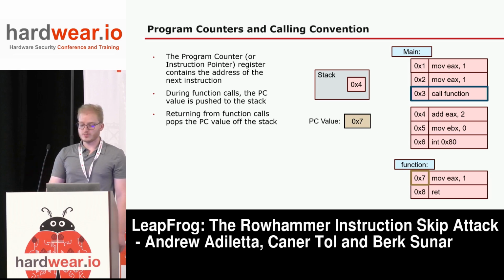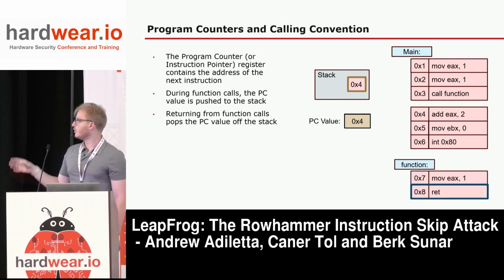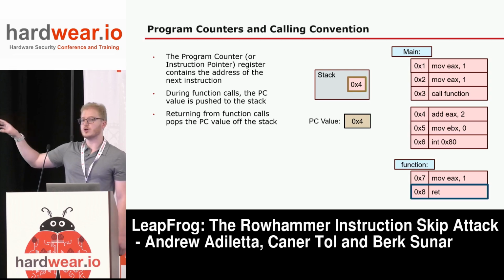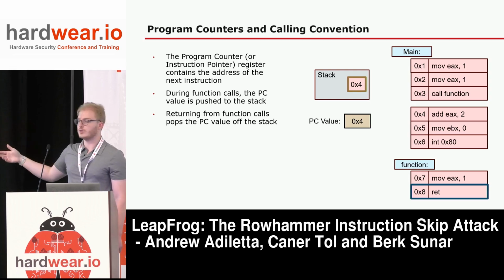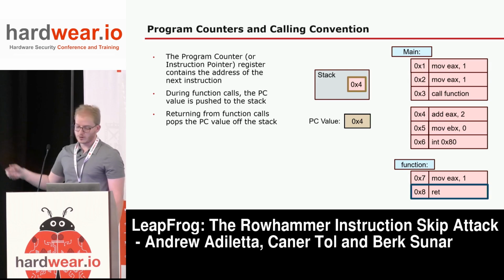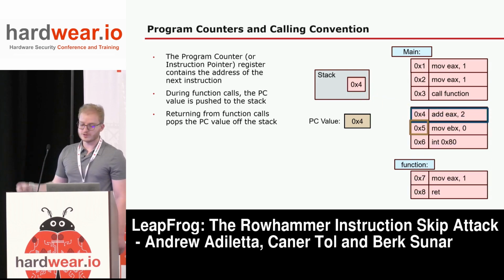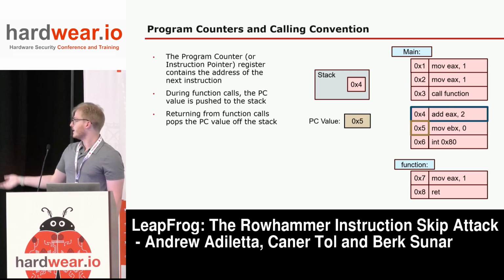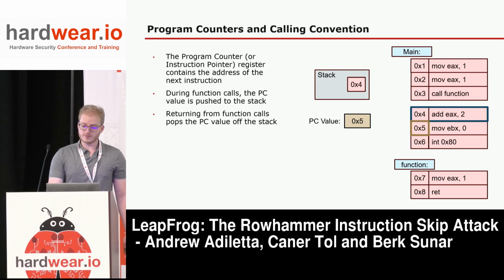That's just so the program knows where to go after the function completes. So it's going to complete the function, and when it gets to the return line, it's going to look into the stack and say, all right, where do I need to return to? Where did I leave off when I executed that function? It's going to say, oh, 4. So we go straight from 4 over to this add instruction. Then the next program counter is 5, and it's just going to continue like that.